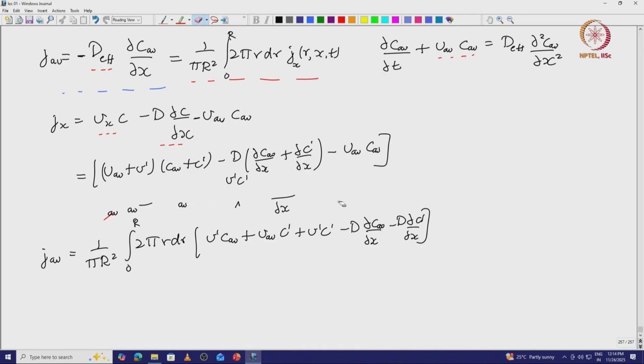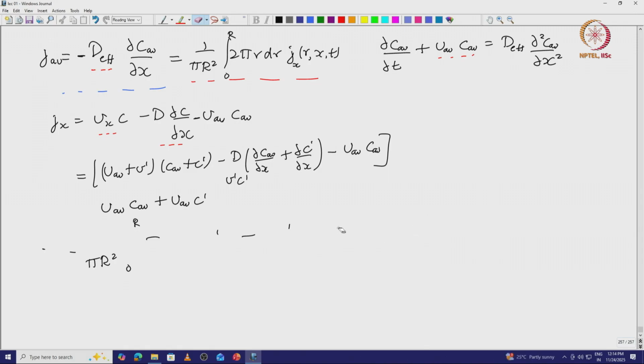Now, expressing the concentration in terms of the average part plus the fluctuating part, I will get this as V average C average plus V average C prime. Let me remove this and write it in some more detail.